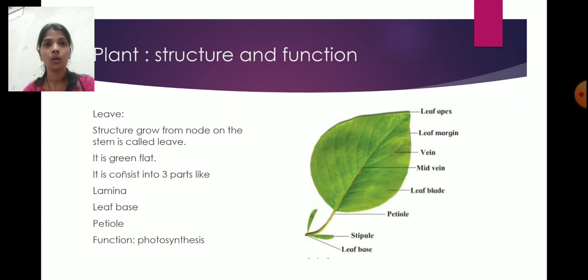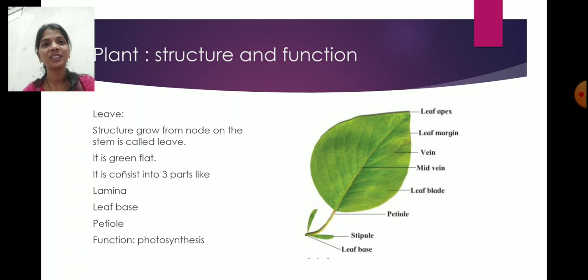In the chloroplast a green pigment is present, which is called chlorophyll, and this chlorophyll also helps in synthesizing food. So by the process of photosynthesis plants make their own food. But animals do not have chlorophyll, that's why they do not make their own food. Only plants have the ability to make their own food.